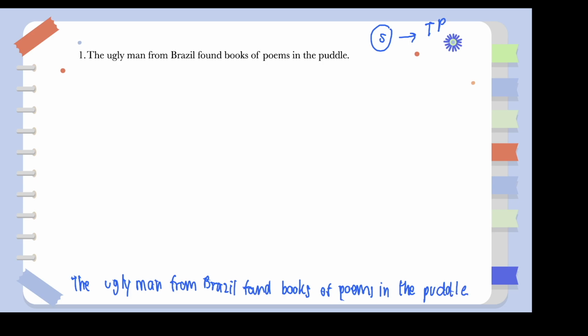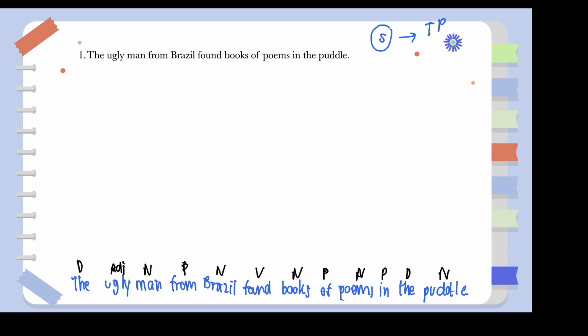Okay, so first of all, you analyze the part of speech first. So "the" is determiner, "ugly" adjective, "man" is noun, "from" is preposition, "Brazil" is noun, "found" is verb, "books" is noun, "of" is P, "poems" is noun, "in" is P, "the" is determiner, and "puddle" is noun.